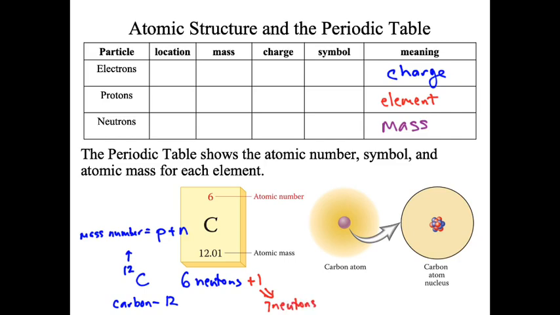Did I change the number of protons? No, I just said add 1 neutron. So the number of protons is 6 protons. What would my symbol become? 13C, or carbon 13.